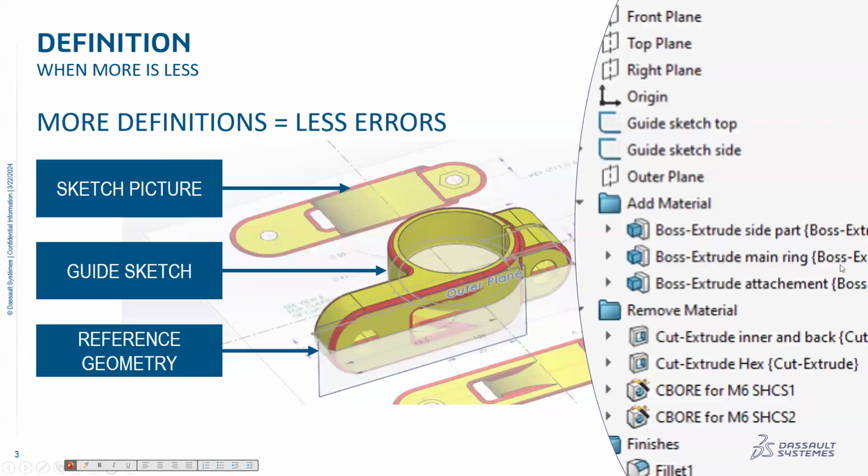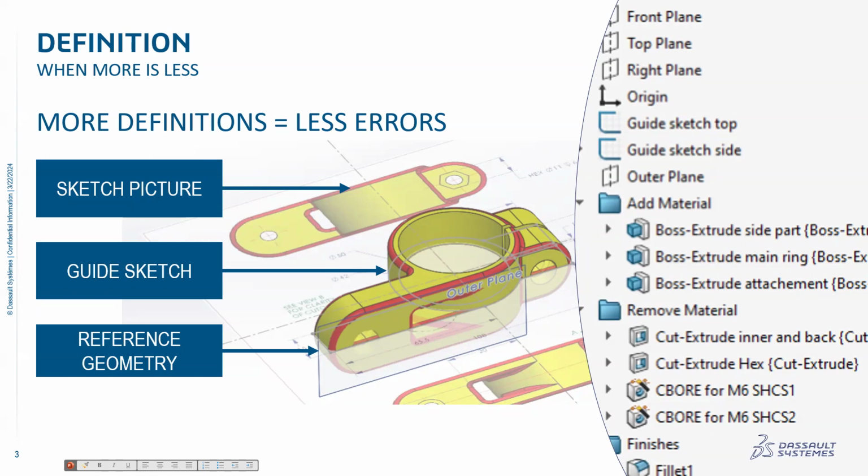Thank you. To achieve this, first phase of the design intent is the definition, or when more is less. In the past years, there are a lot of, I would say, gurus of SolidWorks that are trying to explain how it is good to have as little as possible features in your feature tree.